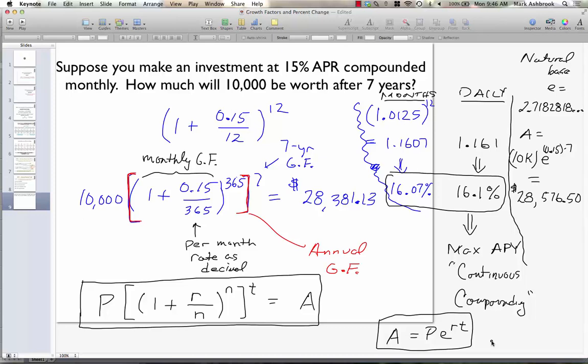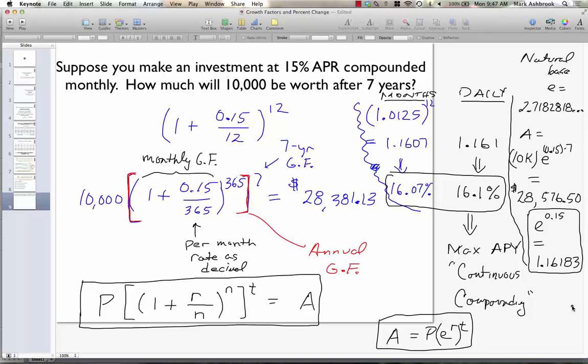So what is the APY here? If you do e to the r, just do e to the 0.15. What is that number? So if I isolate this here, we know 7 was the number of years. So e to the 0.15 equals what? 1.16183. And what do you see there? What did we just find?